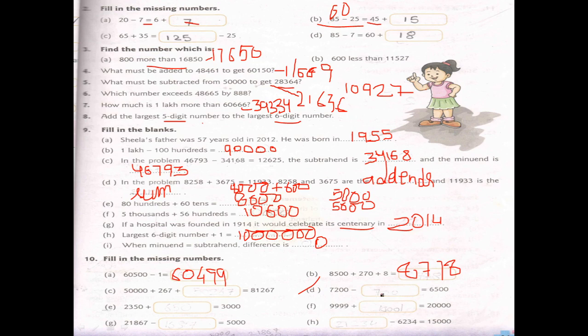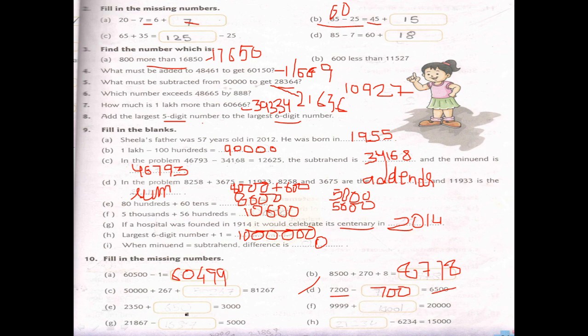Okay. So I am taking here 72,000 minus something, you get 65,000. So subtract 65,000 from 72,000, you get the answer. This one is 7,000, your answer. So here one of the addends was given to you and the sum was given to you.